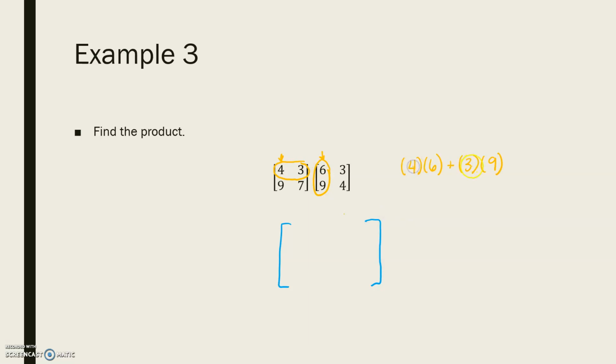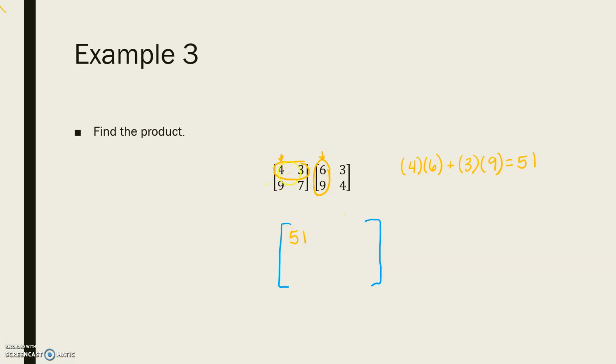That's how I got 4 and then 3. I got 6 and 9 because I worked my way from the top to the bottom. When I simplify these, I get 24 plus 27, which is 51, if I'm not mistaken. And this is going to go in the first spot.